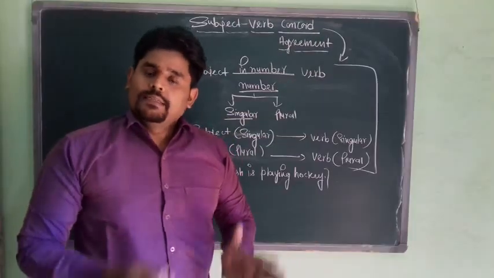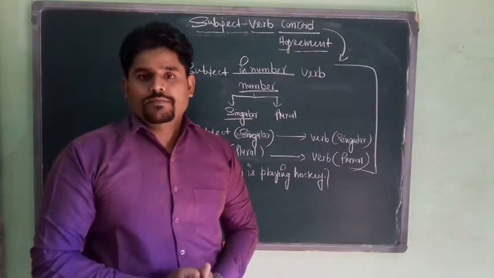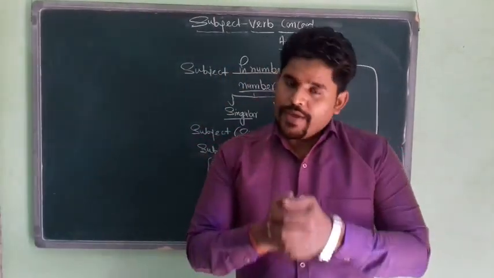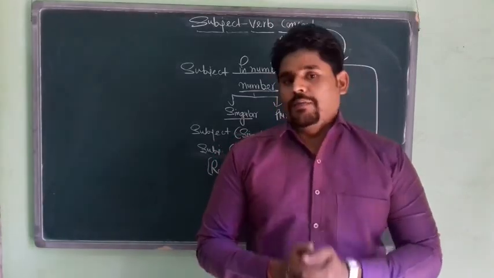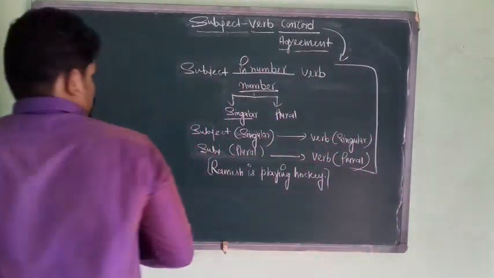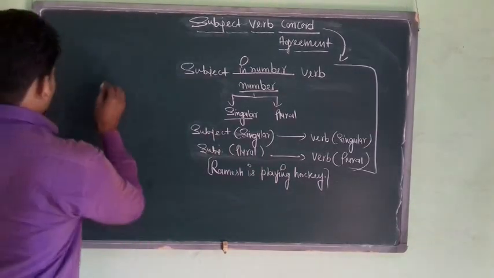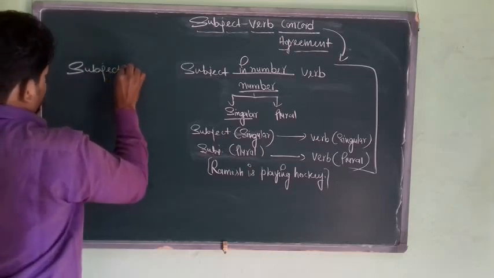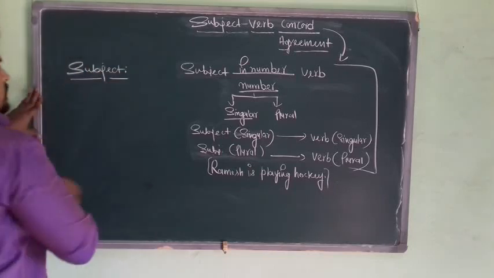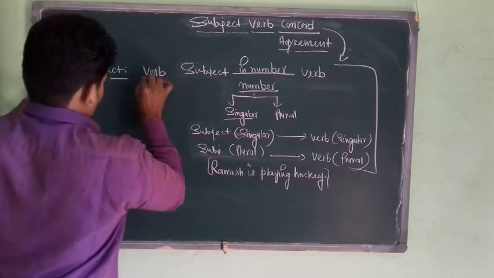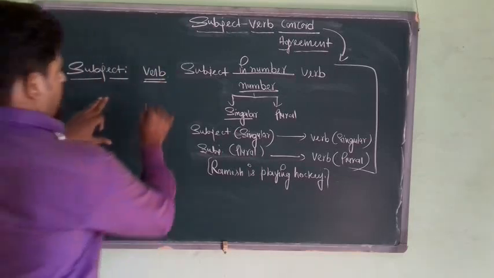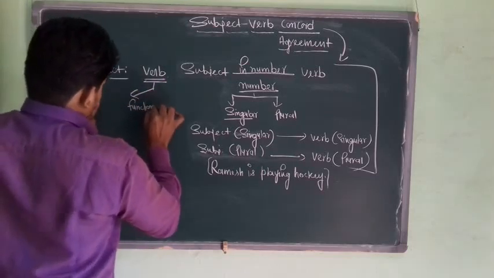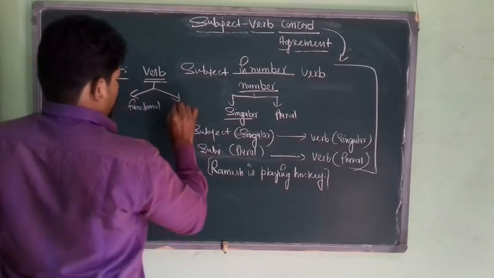Students, there are two ways to understand the subject of a sentence. In order to understand the subject of a sentence, first of all we should pay proper attention to the type of verb. So students, first of all, subject and verb. Verb of a sentence can either be functional or non-functional.